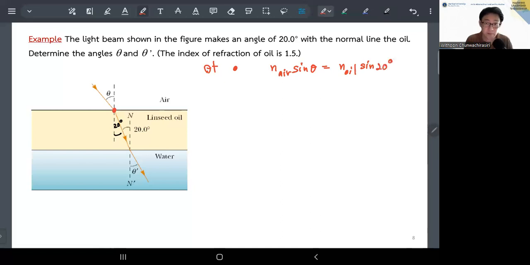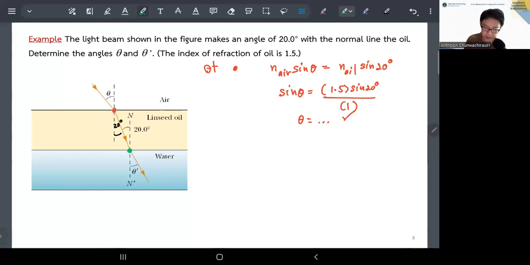They already gave you the oil index of refraction, 1.5. So sine theta is N oil, 1.5, times sine 20, punch the calculator. N air is 1. So you should be able to figure out theta right away.